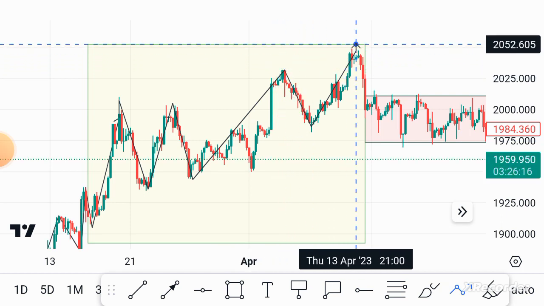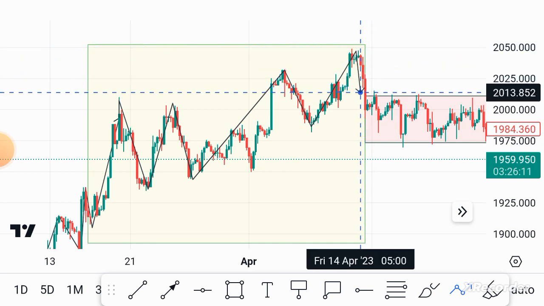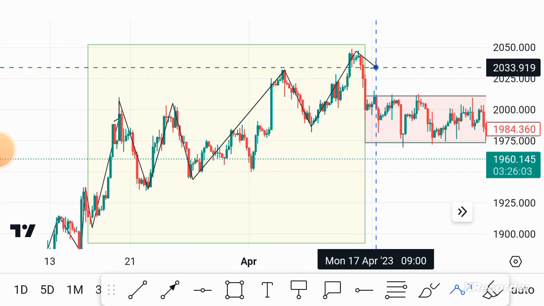This is a correction, and another impulsive price movement which broke the previous higher high. So this is how price moves. Price will always move in an impulsive way by breaking previous higher highs, or in a downtrend, it will break the previous lower low, so that we can have a very good impulsive price movement.